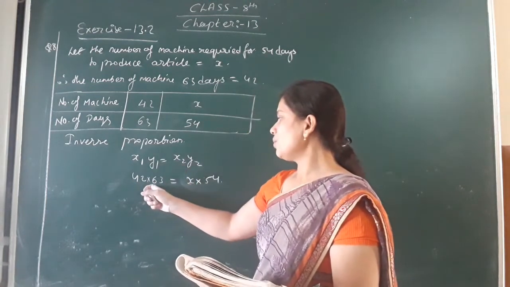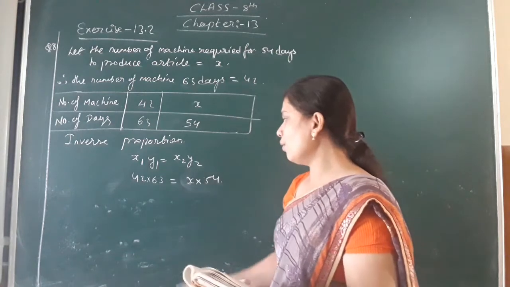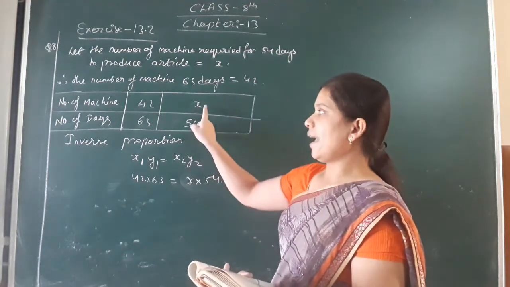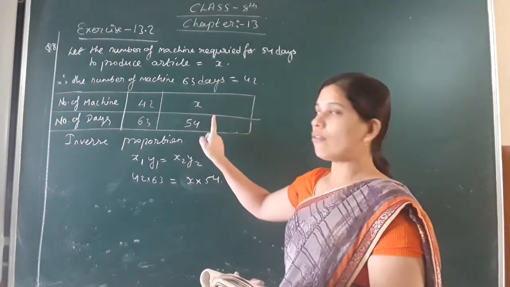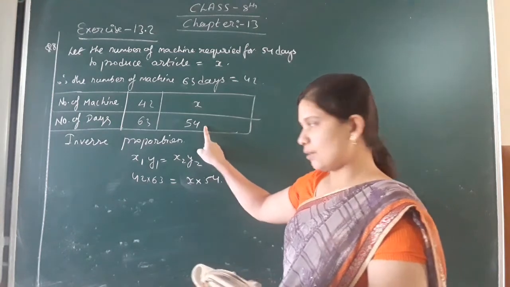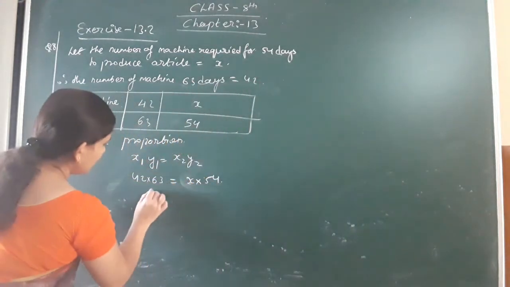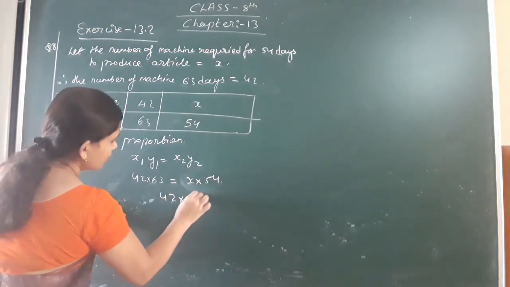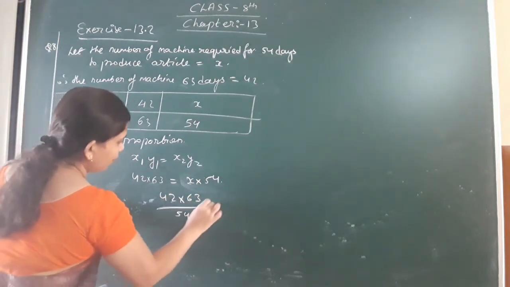So 42 into 63 is equal to x into 54. We have to find out the value of x, that is, the number of machines required to produce articles in 54 days. So 42 into 63 divided by 54 is equal to x.